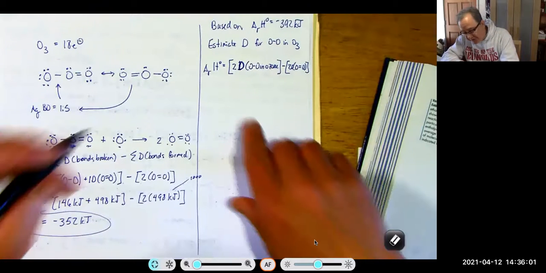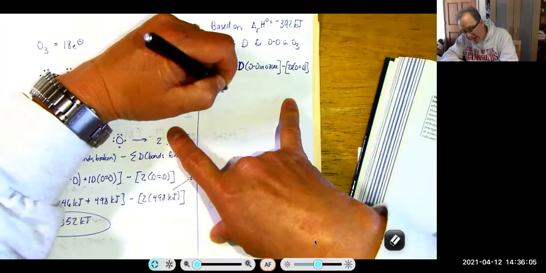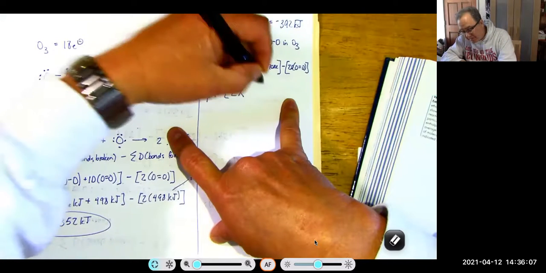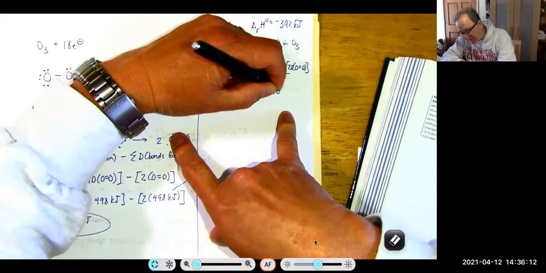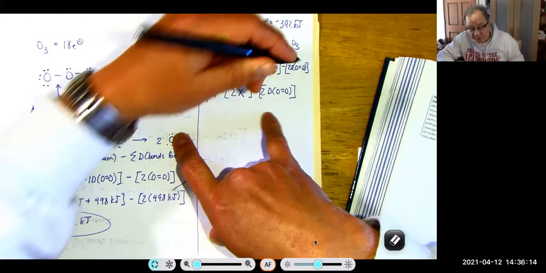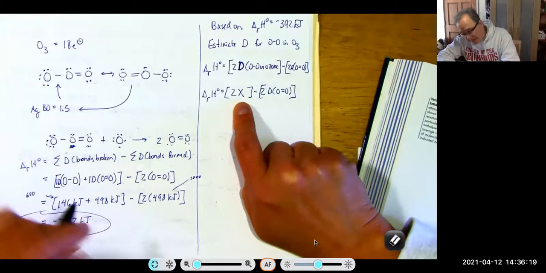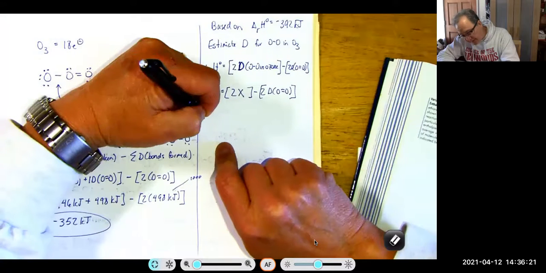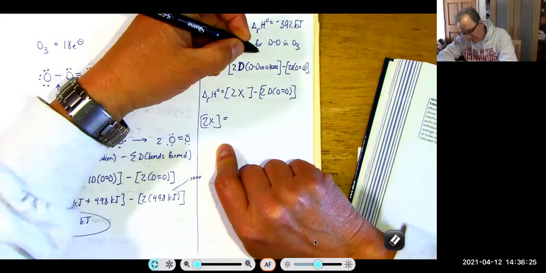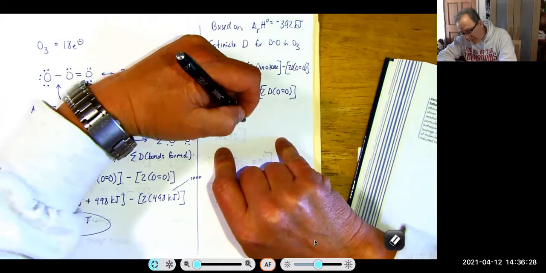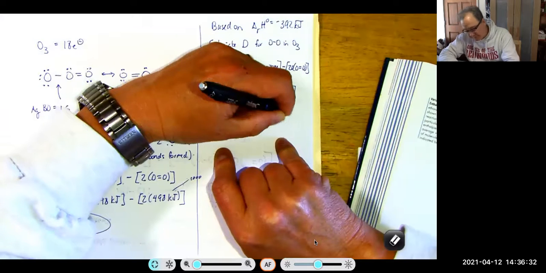So I'm going to call this 2x minus 2 times the bond dissociation energy of oxygen. So X is what we're interested in. Okay, so now I get 2x is equal to the heat of reaction plus 2 times O2.